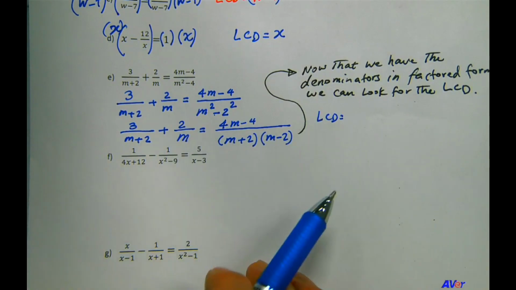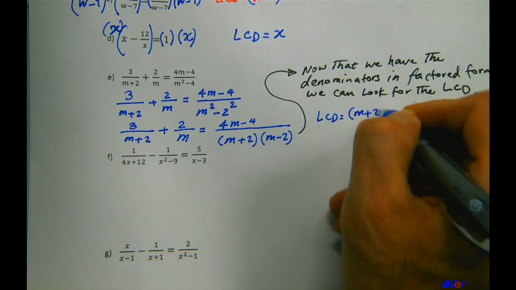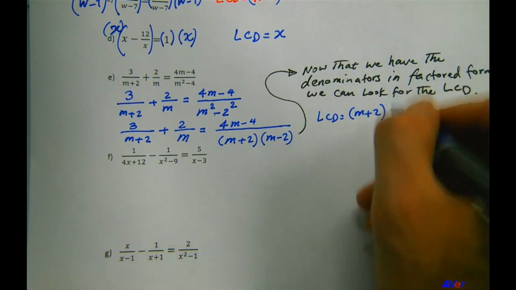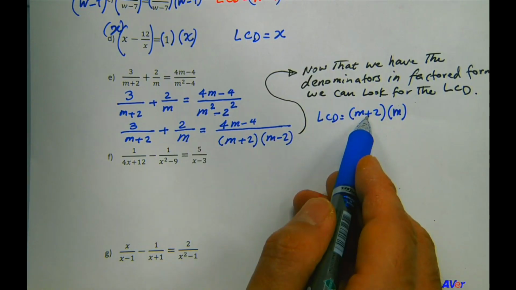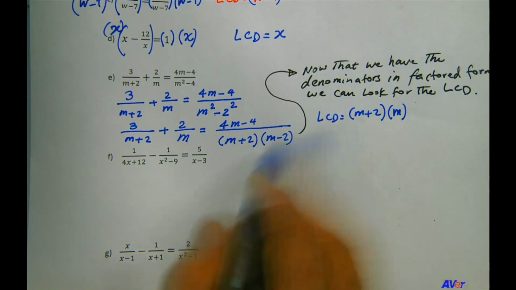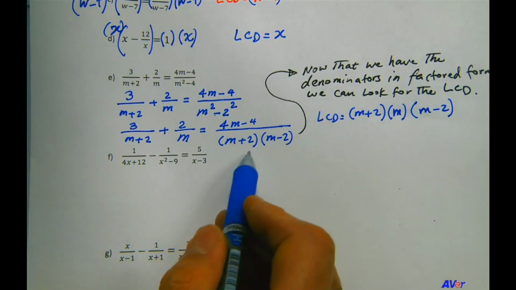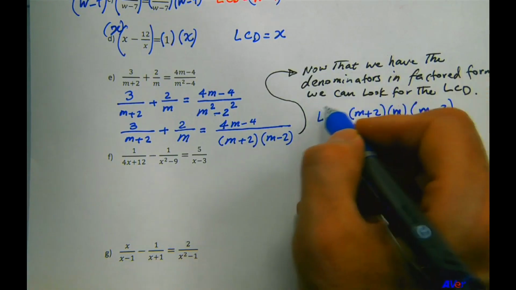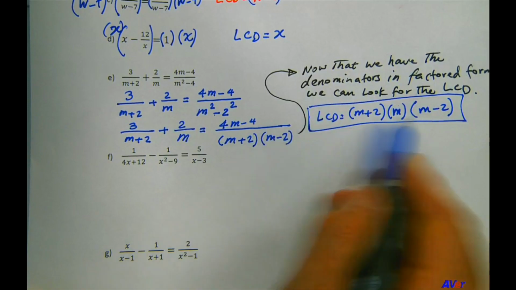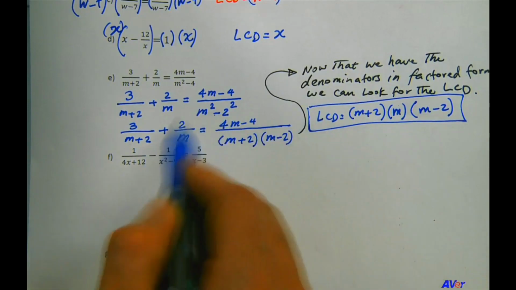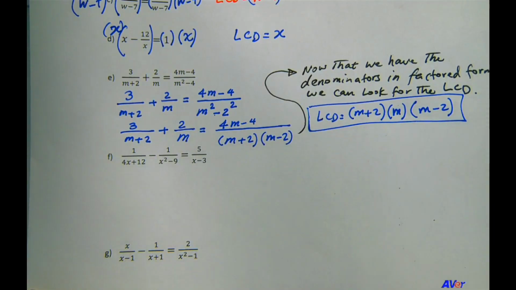So the LCD, should it have m plus 2 in it? Absolutely. Should it have m in it? Absolutely. Should it have m minus 2 in it? Yes. So m minus 2, absolutely. Now this is our LCD for this problem. So we're done. We should multiply both sides by that, this side and that side, in order to clear all fractions at once. Okay? So we're done with that.